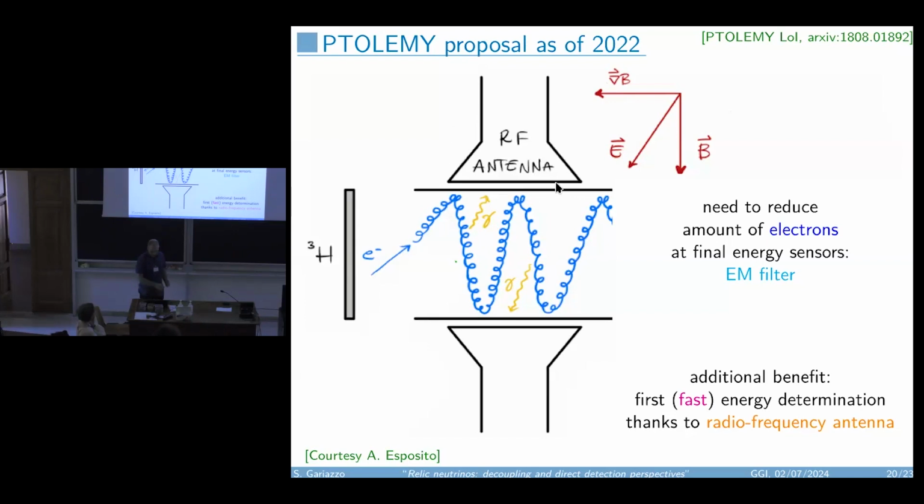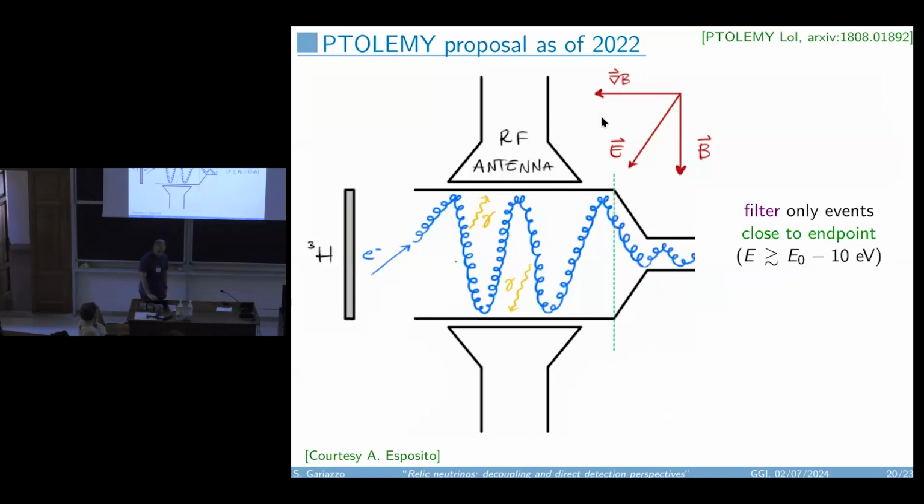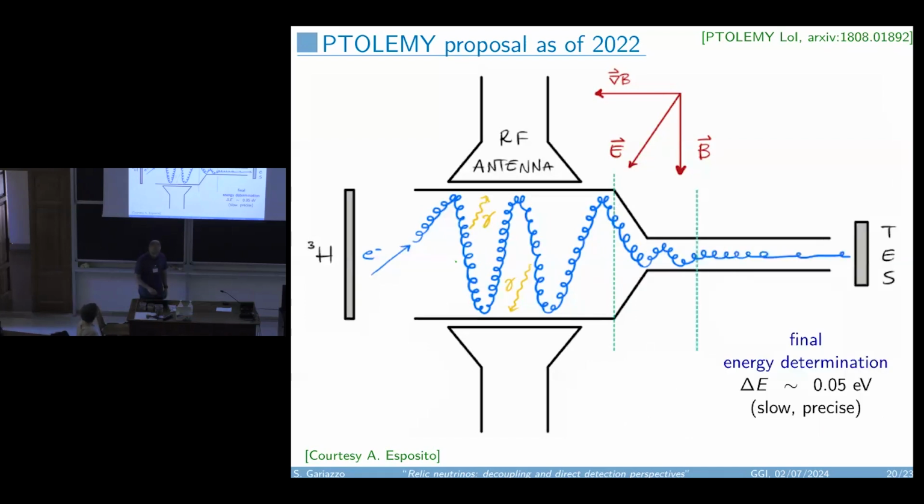This is a radio frequency antenna technique, which is also implemented in the Project 8 experiment for neutrino mass determinations. So nothing new, but we have to implement it here in Ptolemy. And then the same electric and magnetic fields will filter away many of the electrons so that the microcalorimeter is not fried when the huge flux from beta decay arrives.